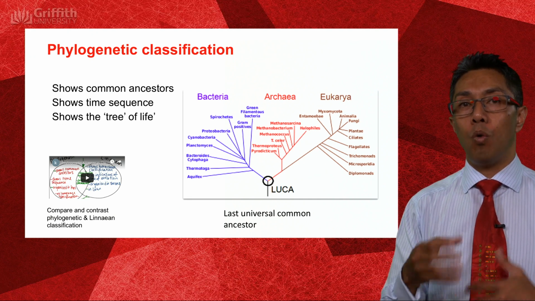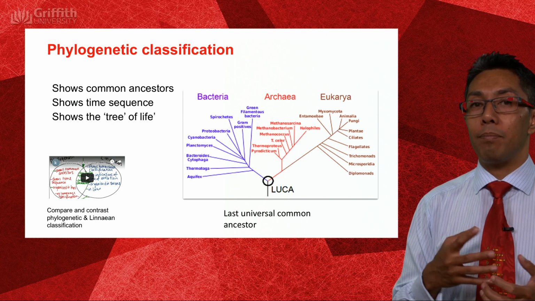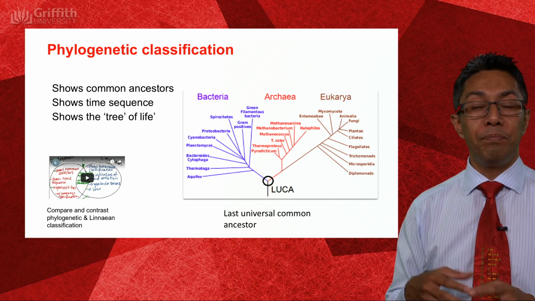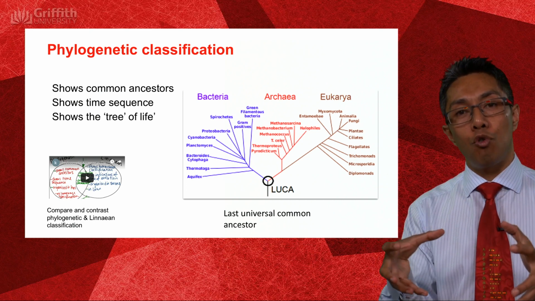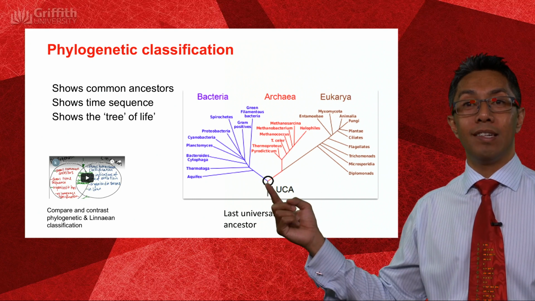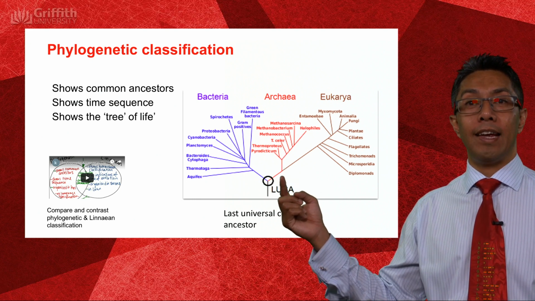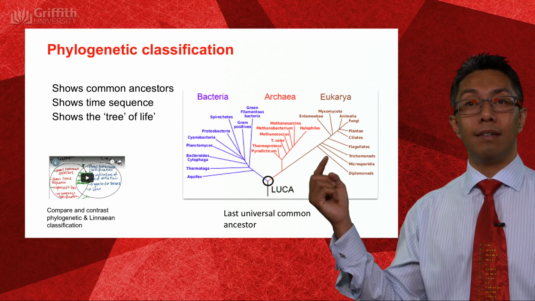So this is what we presume to be the original organism that more than likely resided in the primordial soup. So it was from that group of individuals that gave rise to bacteria first of all, and then to archaea, and then eventually to us, yeah, up here.